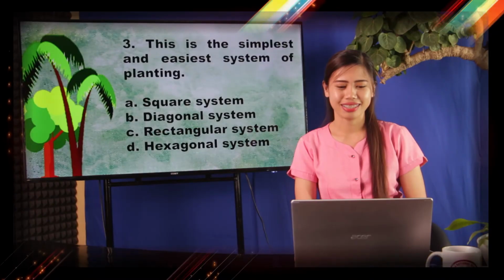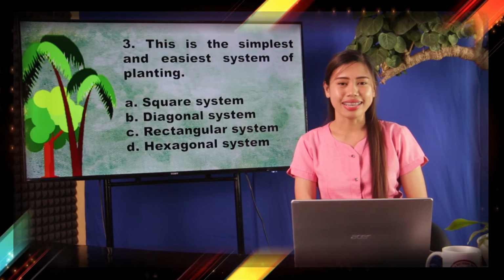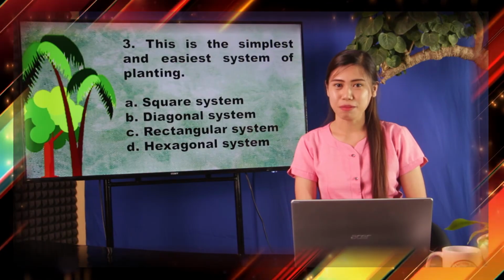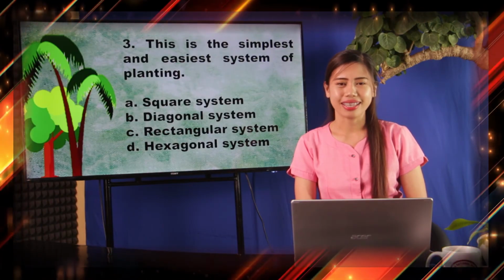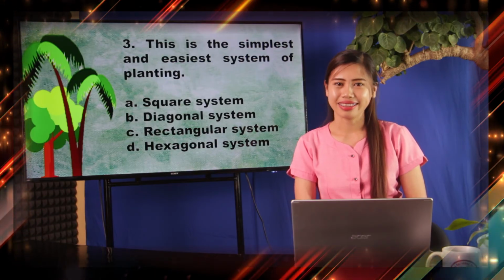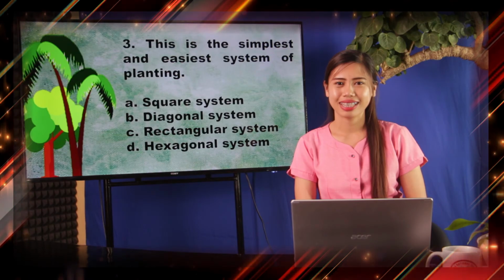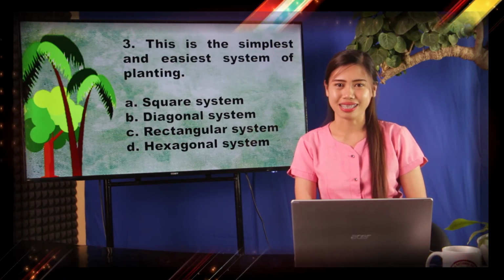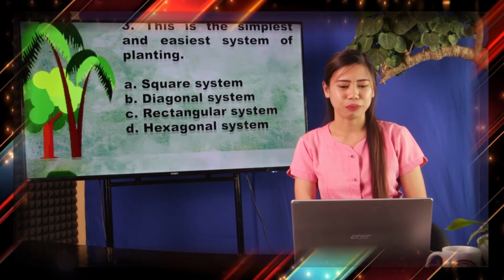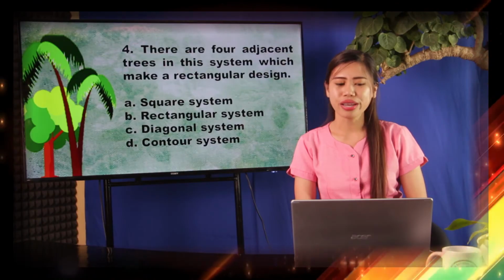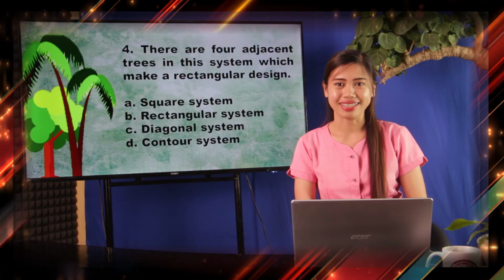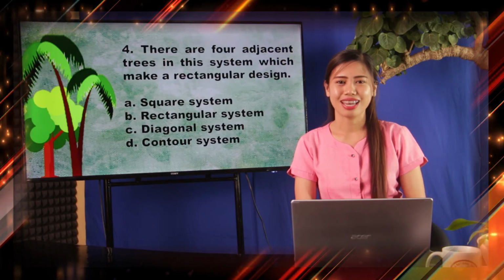Number 3. This is the simplest and easiest system of planting. A. Square system. B. Diagonal system. C. Rectangular system. D. Hexagonal system. Number 4. There are 4 adjacent trees in the system, which make a rectangular design. A. Square system.